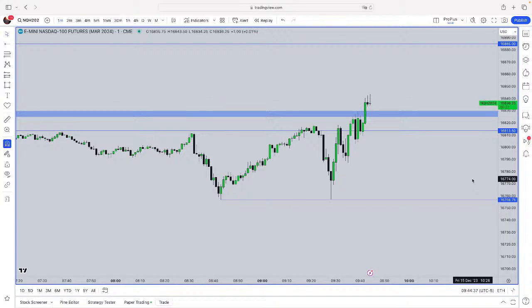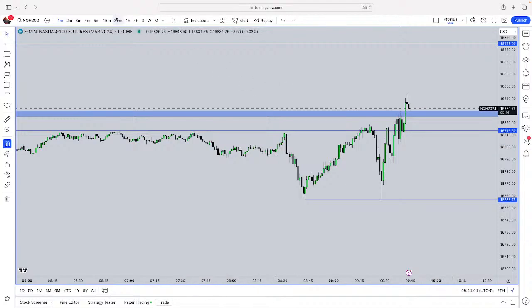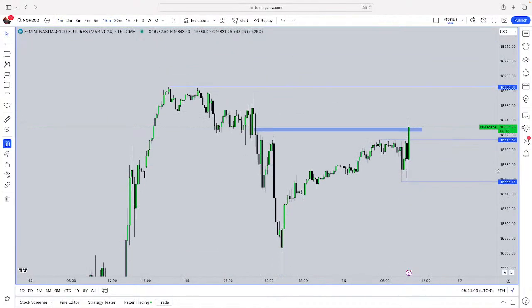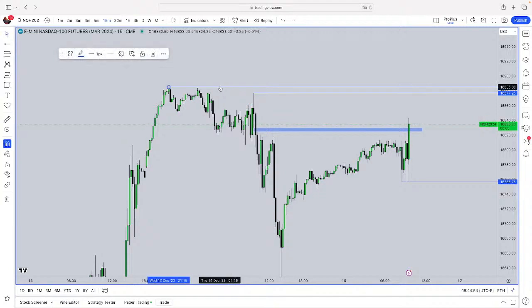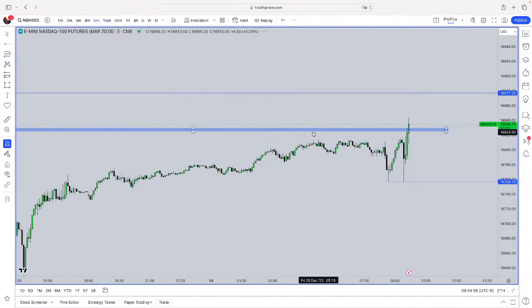So 20 seconds time, let's see. So for me, if it wants to run even higher, buy side there, and then if it wants to go lower, sell side down there. So let's see what price wants to do.